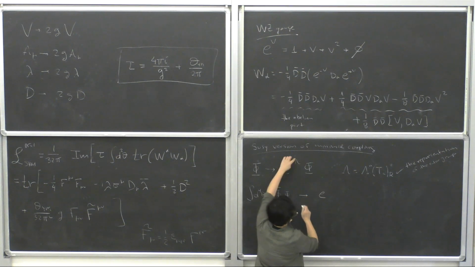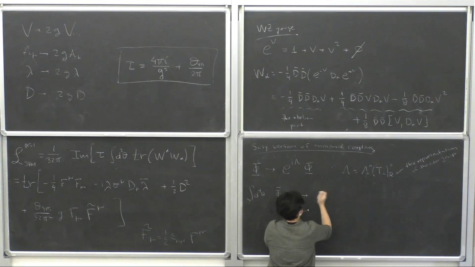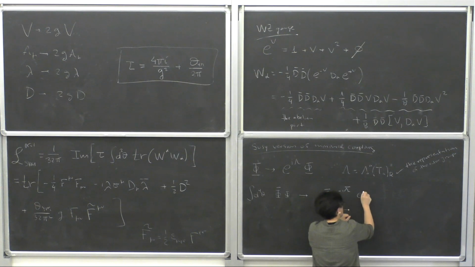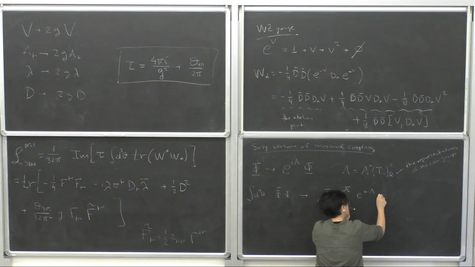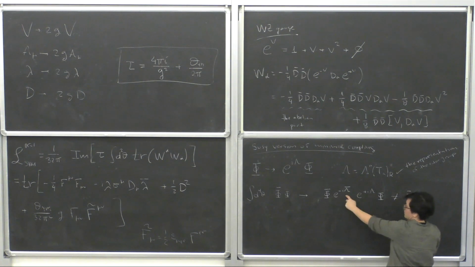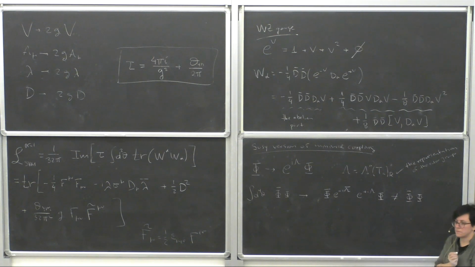Because phi bar transforms with a bar. This doesn't cancel. We cannot mix oranges with apples, yes? Chiral with antichiral. So this is very bad.